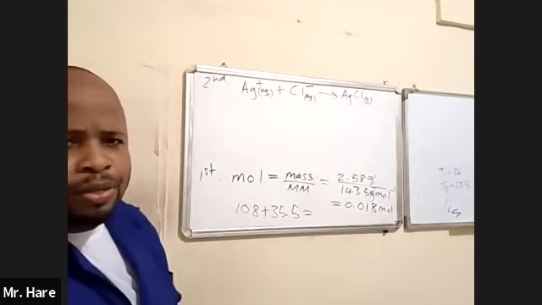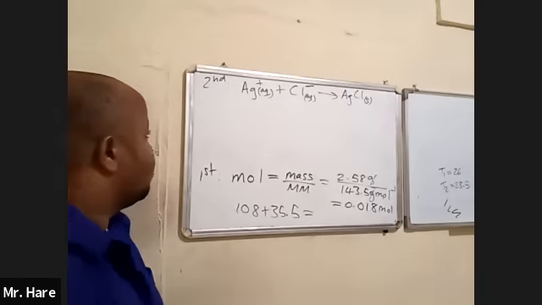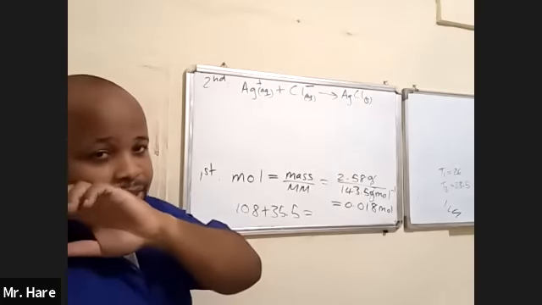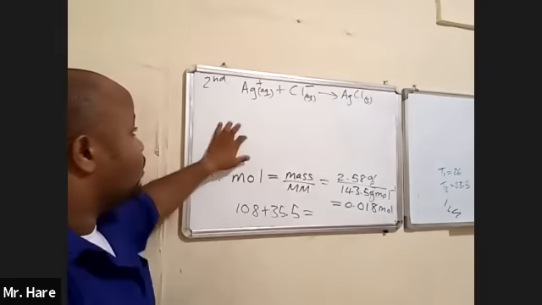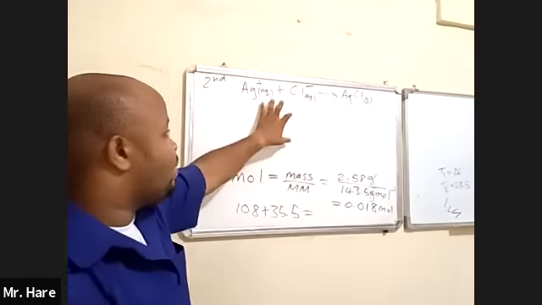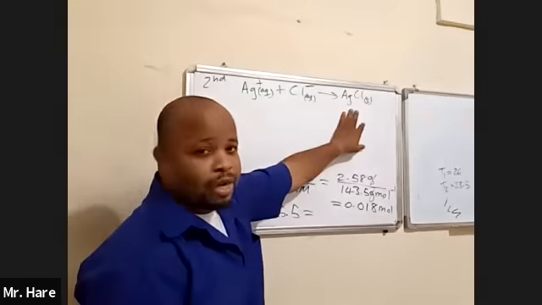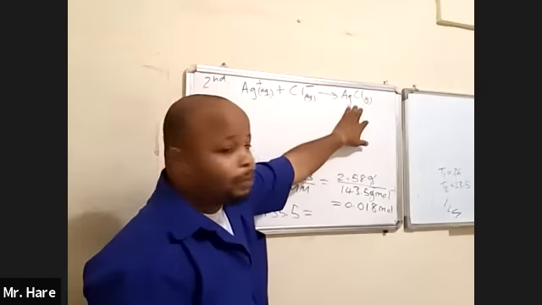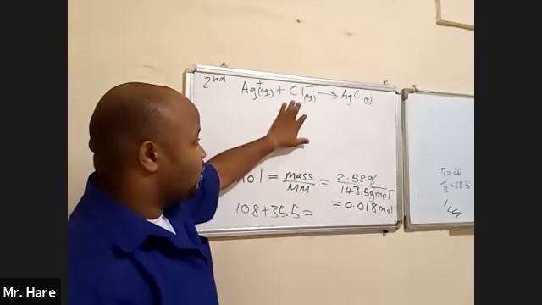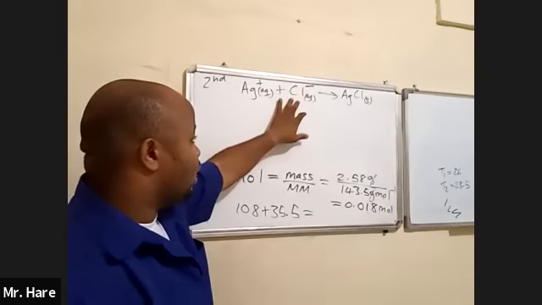The reason why we need the balanced equation is that we know the moles of our precipitate, silver chloride, so we can use the mole ratio between the precipitate and the chloride ions to get the moles of chloride ions.